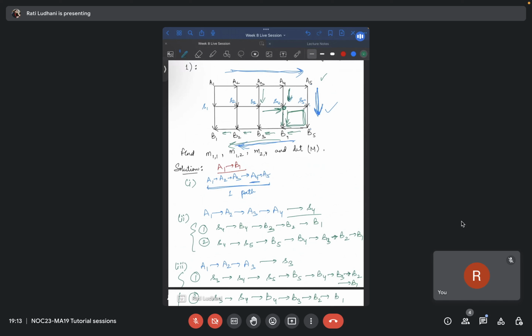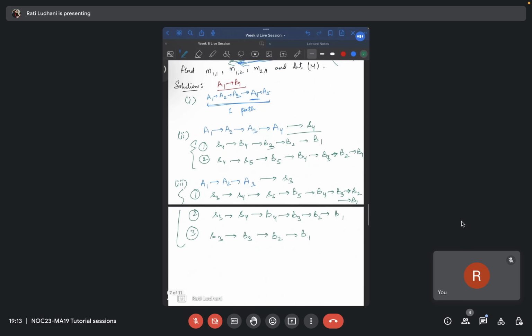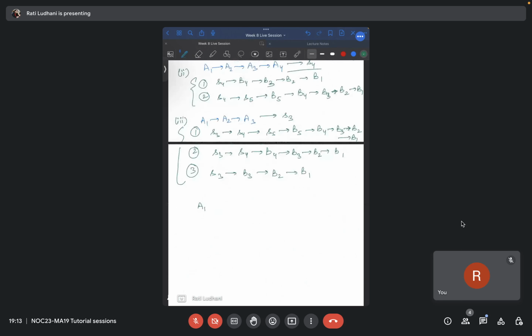Okay, so this is like 1 plus, so what I'm claiming is this, and I wrote K, I can actually write. So basically, I'm saying the number of paths from A1 to B1 is summation K equal to 0 to, I'll tell you what it should be.